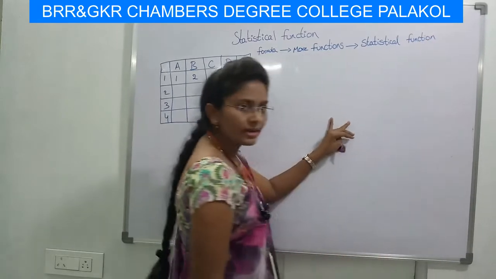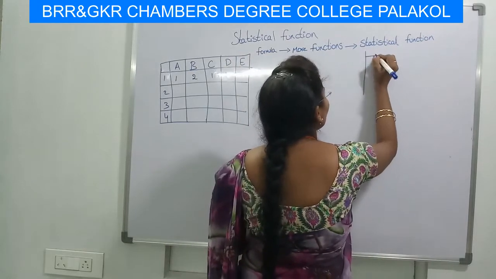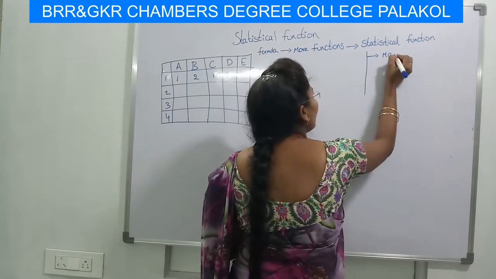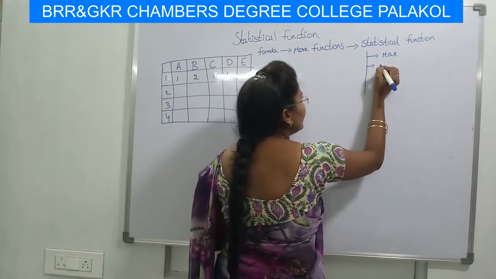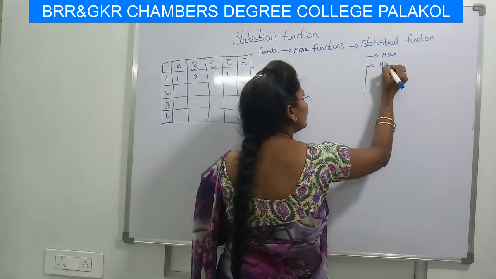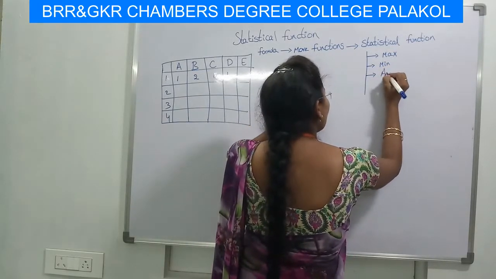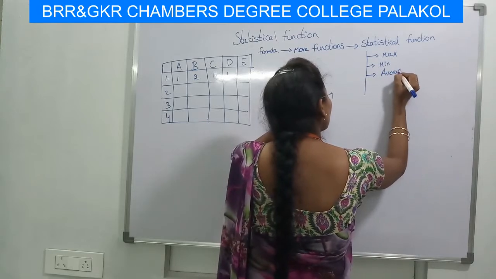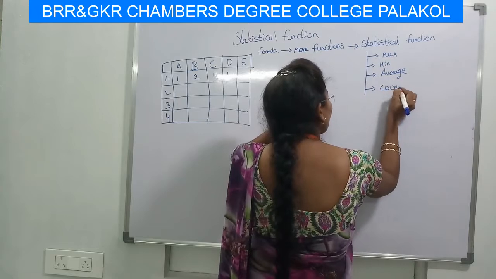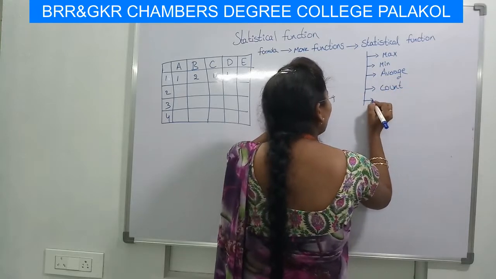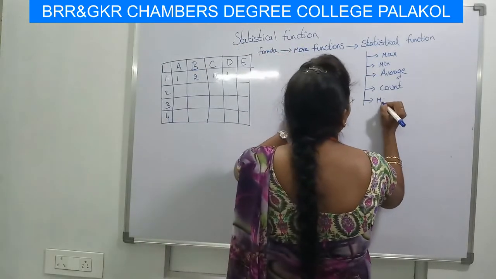In this statistical function, we have different types. The first one is the maximum function, the second one is the minimum function, the third one is average, the fourth one is count, and the fifth one is mode.